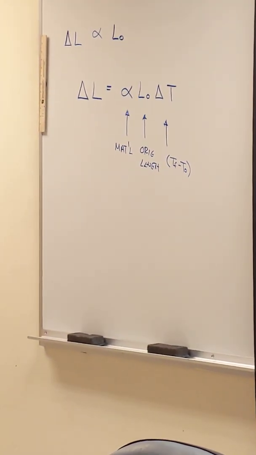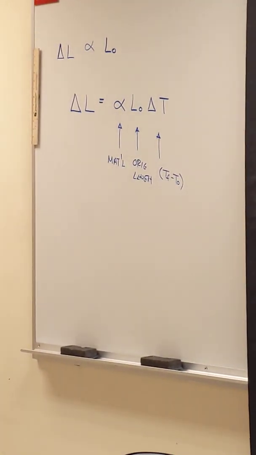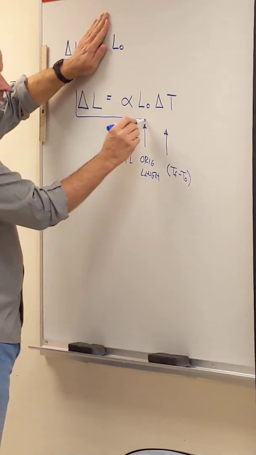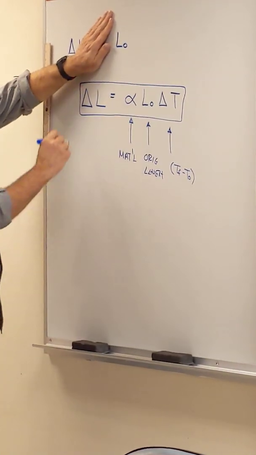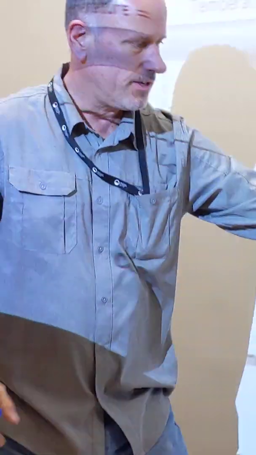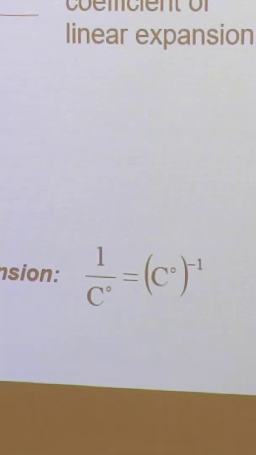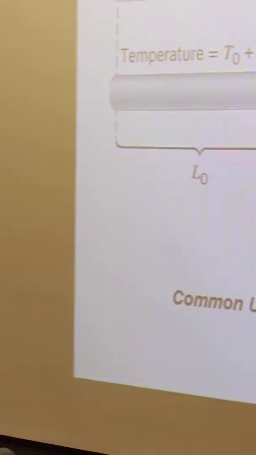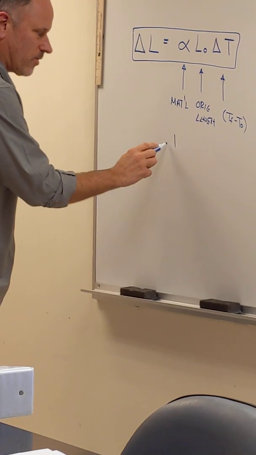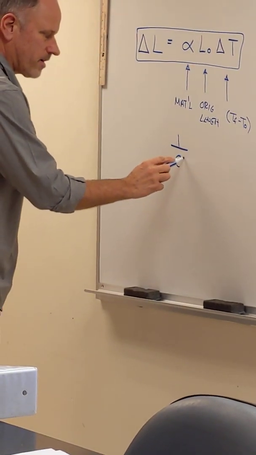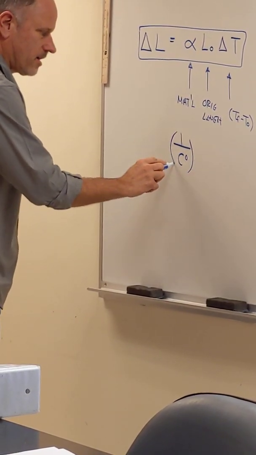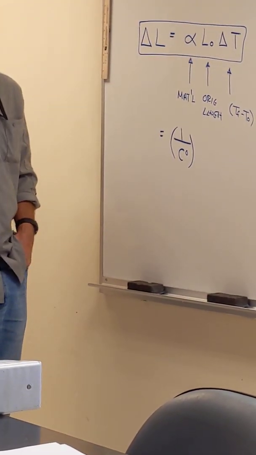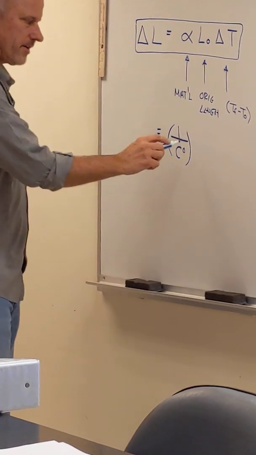Does alpha mean a ratio or a constant? It's not this alpha. So let me show you a chart of alphas, okay? Notice here it says alpha, the units are 1 over degrees Celsius or centigrade. So just looking at units, I've got 1 over C. What are the units of length typically? Meters.